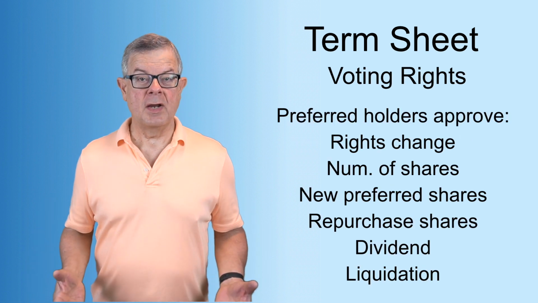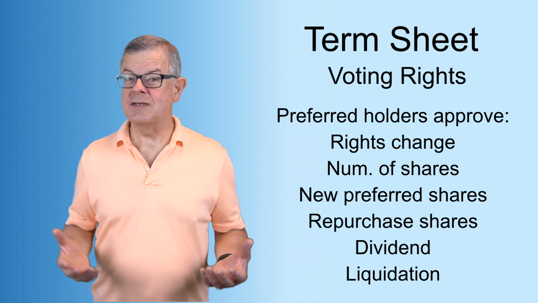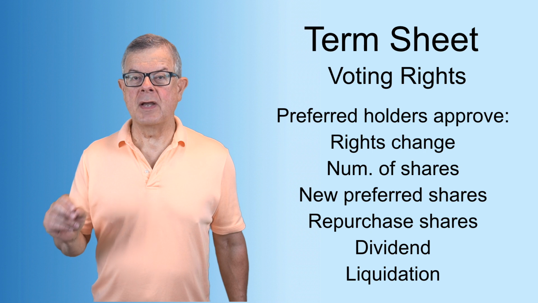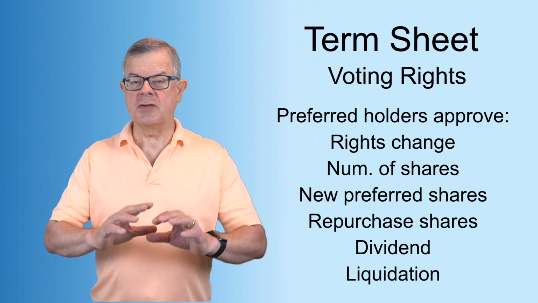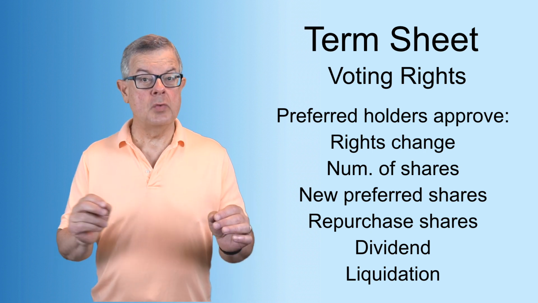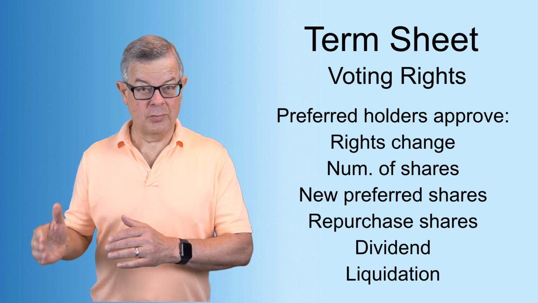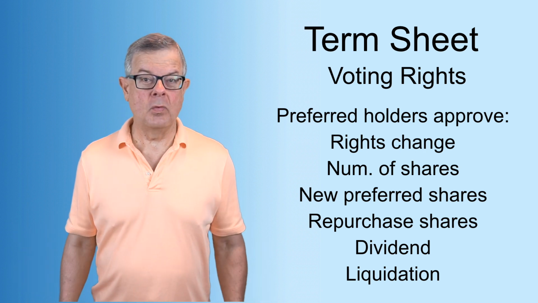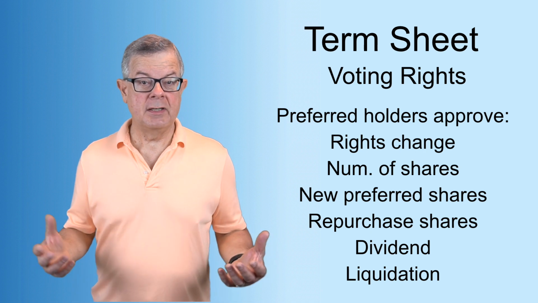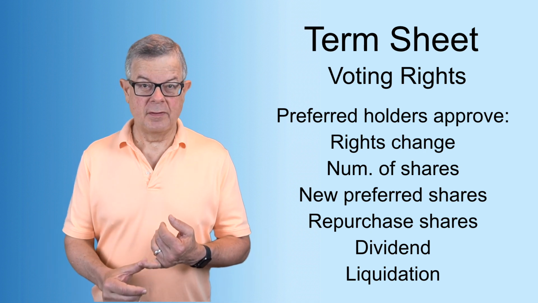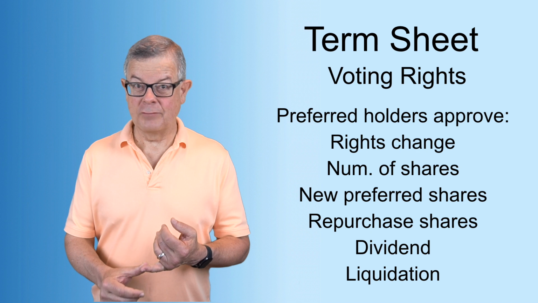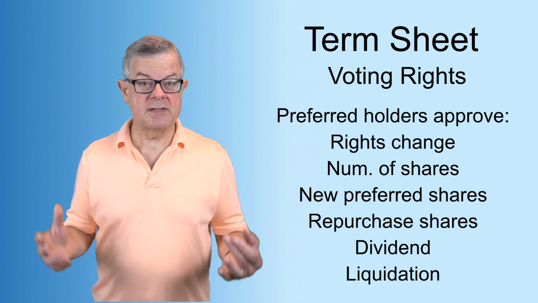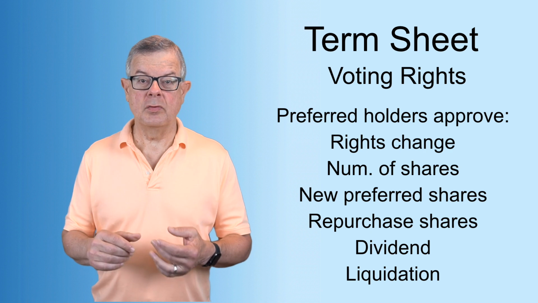Next term, voting rights. This is another one of the key special rights that preferred shareholders have. They basically have the right to vote as a class, just the preferred shareholders, to approve or not approve, essentially to veto, some key actions that the company might want to take. Those include any change to the rights of the preferred shareholders. They get to vote on that before it goes into action. The number of shares outstanding, if that changes, they get to approve that.